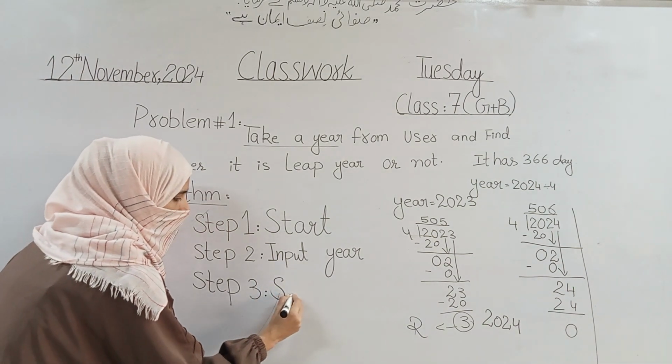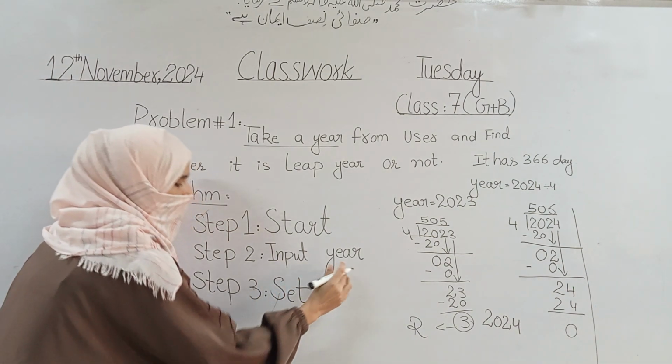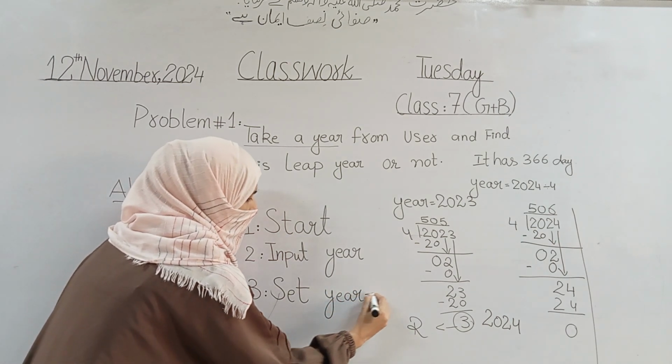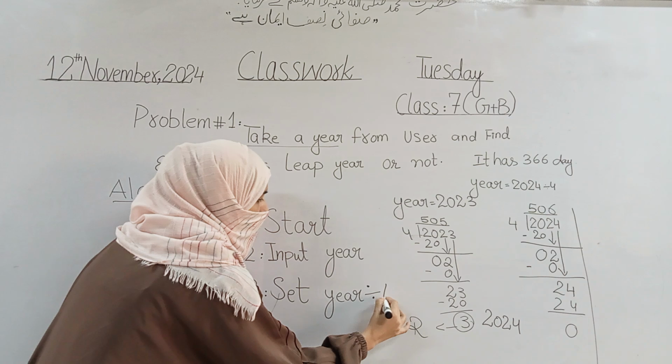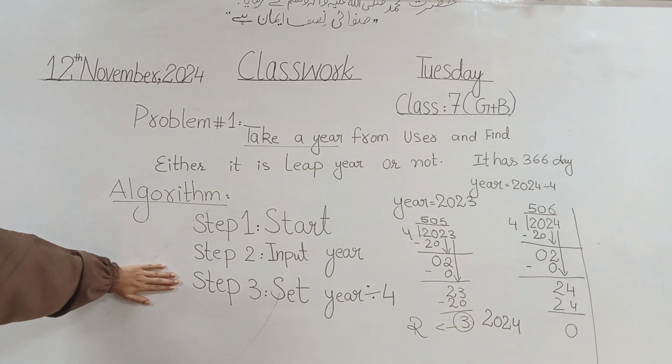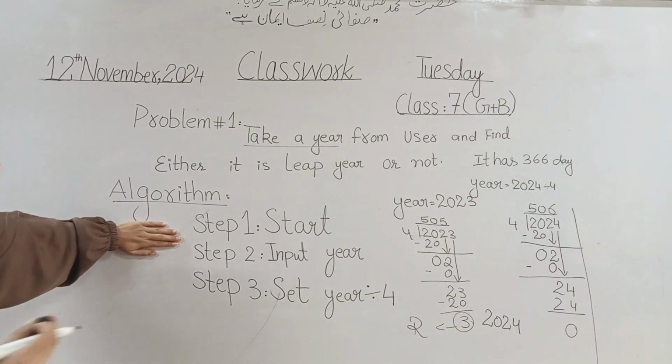Set year divided by 4. When we divide a number by 4, it gives us some remainder.